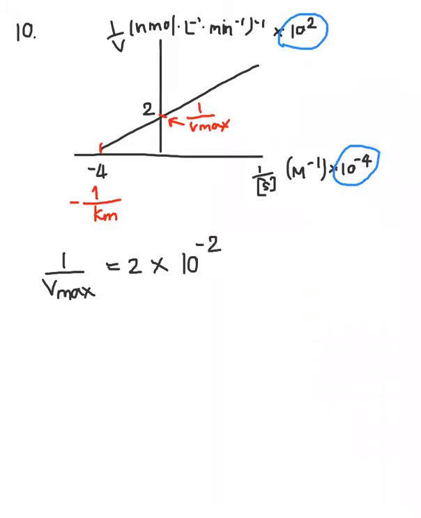And the unit would be the unit that's specified in the axis. So you need to solve for Vmax, and that would mean 1 over 2 times 10 to the -2. And then the unit right here would be nanomole per liter per minute.